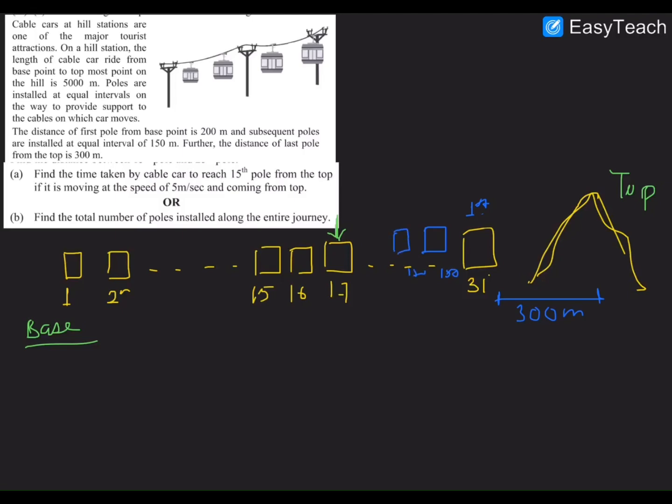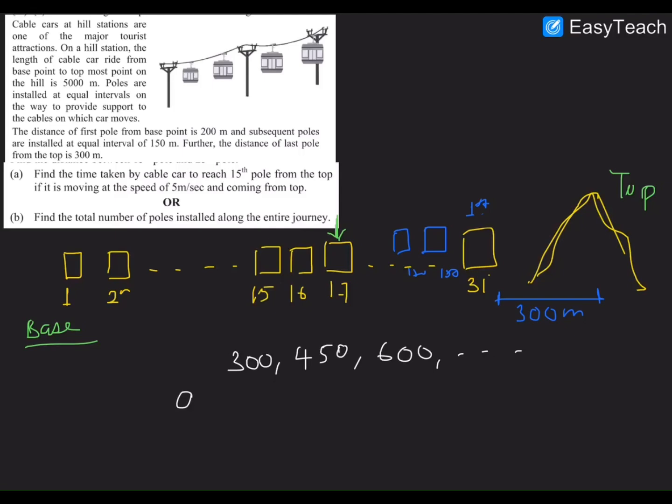So your AP comes out as 300 for the 31st, then the 30th pole will be 300 plus 150, which is 450. The 29th will be 300 plus 150 plus 150, which gives you 600, and so on. Your AP gets constructed in this way from the top.